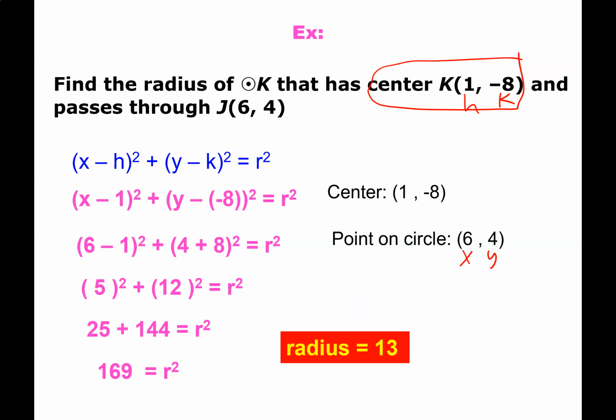All right, let's do another example, please. Find the center and the radius of the circle that has a diameter with the endpoints of 5, 4 and 0, negative 8. Then find the equation of the circle. So we need to find the center.